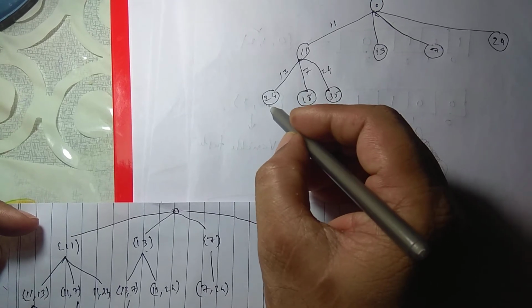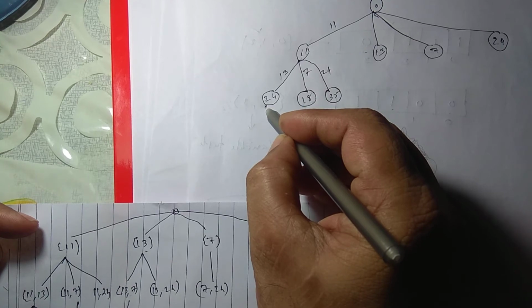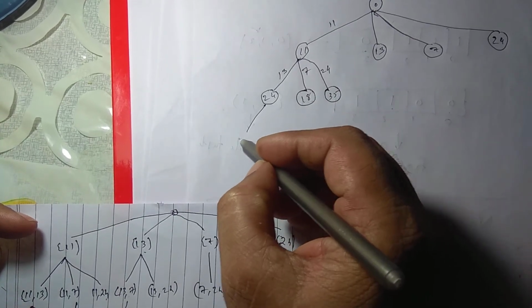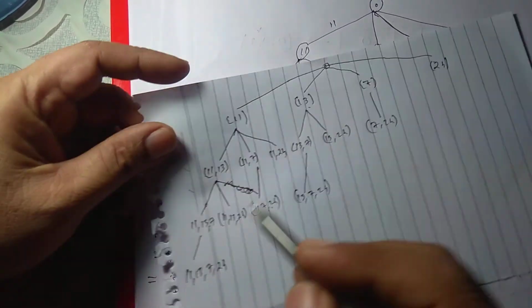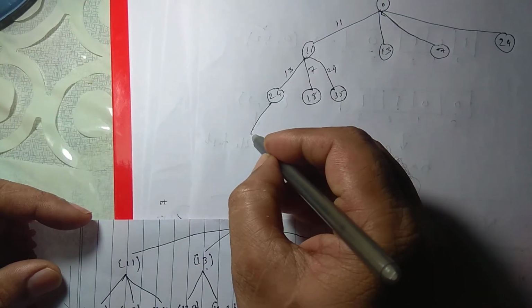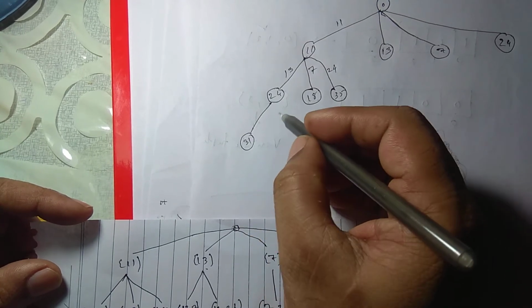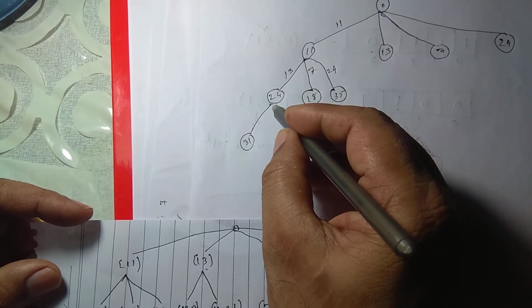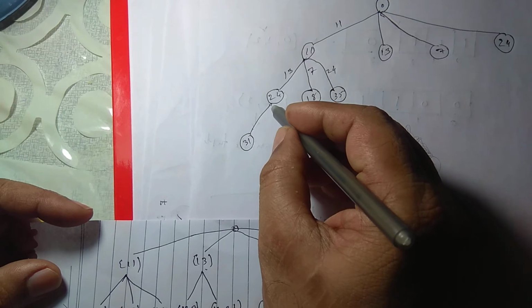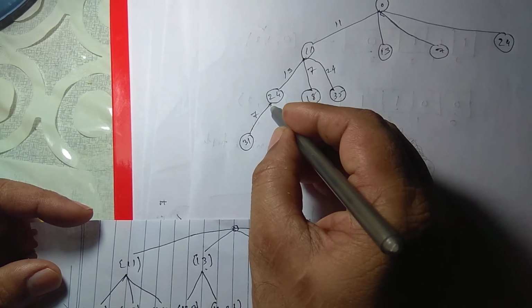Then three element nodes, I am getting 11, 13, 7. So sum is 31, by considering 7.